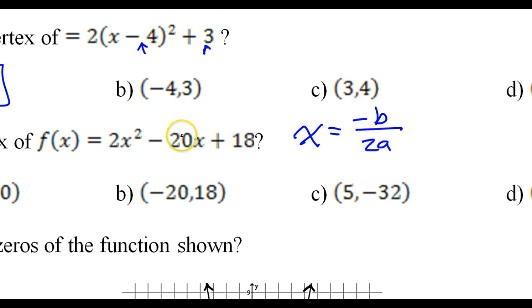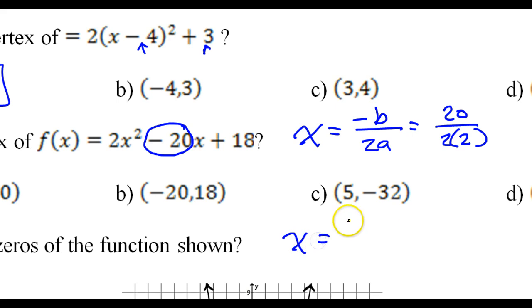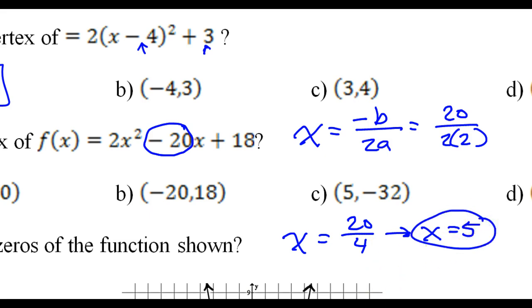The opposite of b, well, this is b right here, is going to be +20 over 2a. Well, there's a right there. So the x value is going to be 20 over 4, which is 5. So far we know the x value is 5.